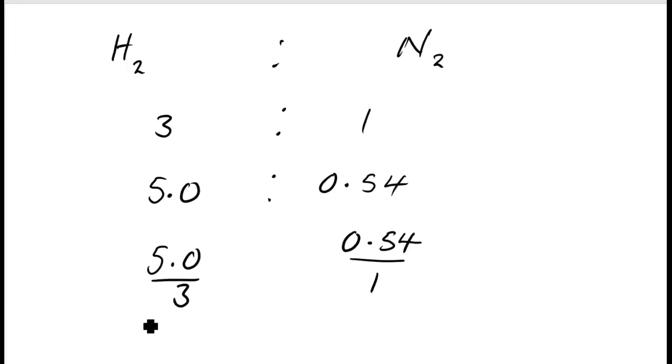So 5.0 divided by 3 gives us 1.67, and 0.54 divided by 1 gives us 0.54 for nitrogen.